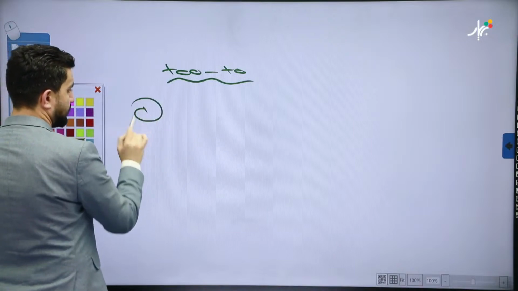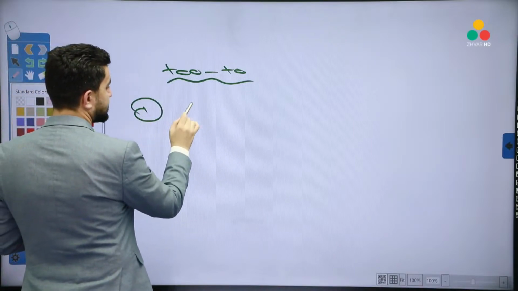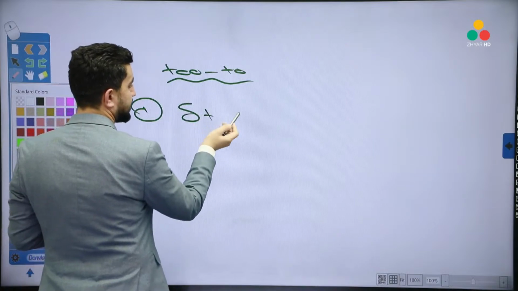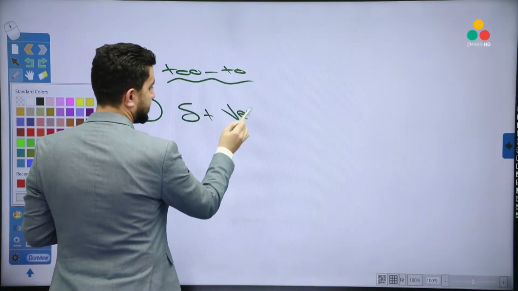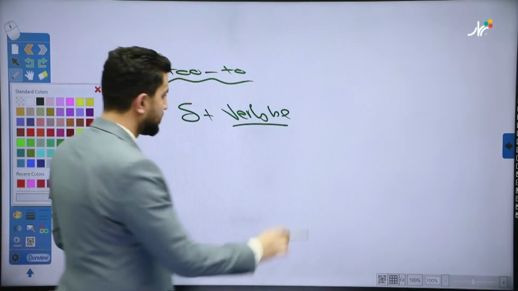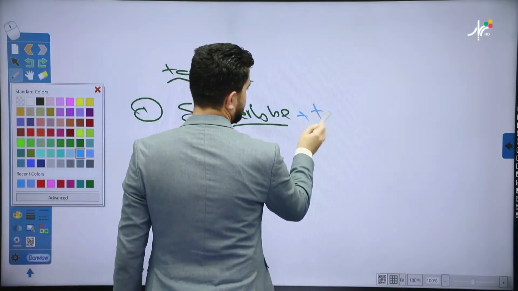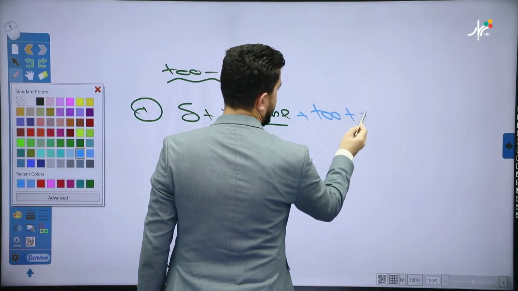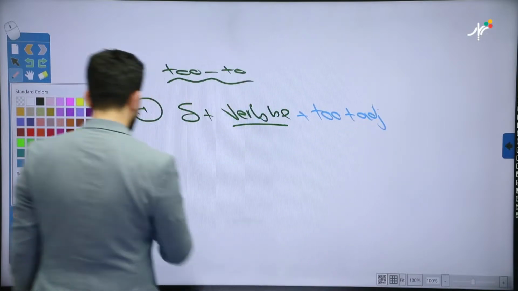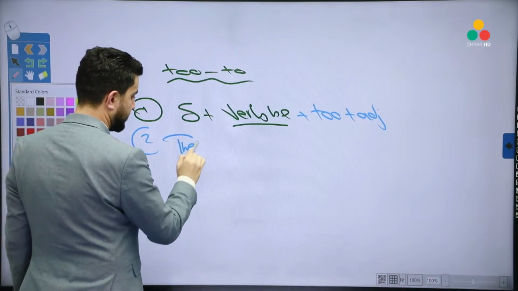So look, we said subject plus verb be, is, are, was, were, plus too plus adjective. Let's write down the rule again, real quick.